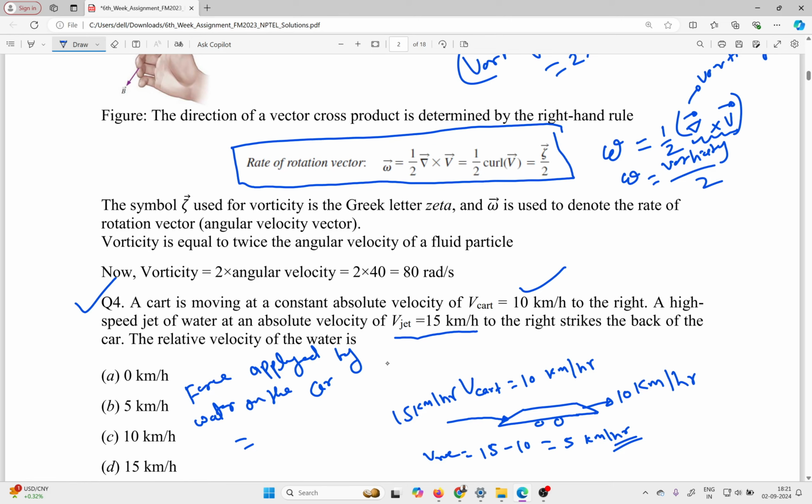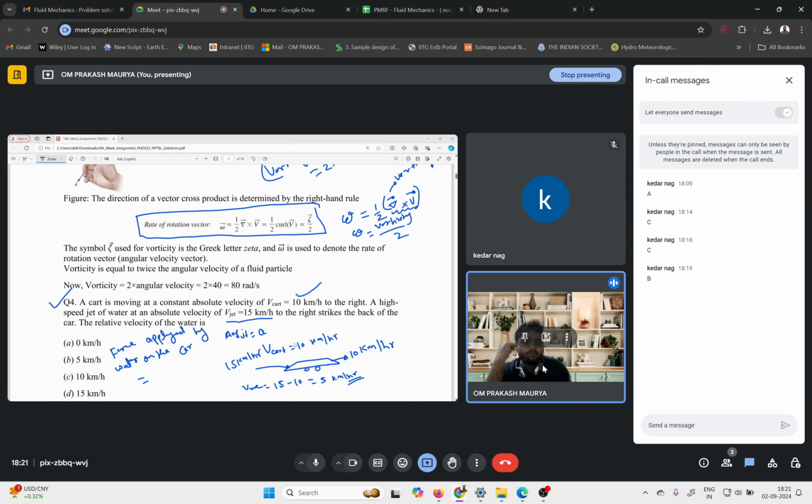You can consider the area of the jet as small a. If you remember, we have discussed such type of questions earlier. Please calculate and write in the chat box, because you can expect such questions in the final examination, other competitive examinations, and your assignment also.